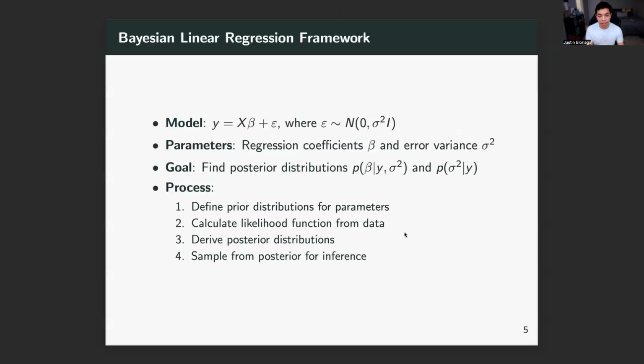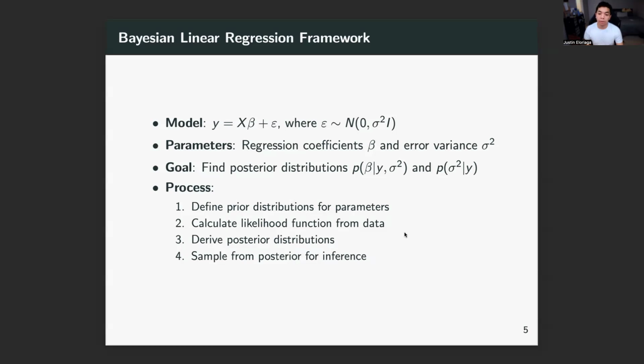It starts like this. We start with exactly the same model: y is equal to x beta plus epsilon, with that epsilon having a distribution. Our key parameters to estimate are the regression coefficients beta, and also the error variance.